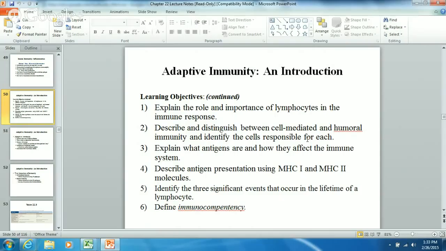It's kind of like at work, I have a faculty parking sticker on my car. That faculty parking sticker allows the campus police to know whether or not that car is supposed to be in that faculty parking space or not. If I didn't have that faculty sticker, then the campus police would know to slap a ticket on the car. The same thing with an antigen.